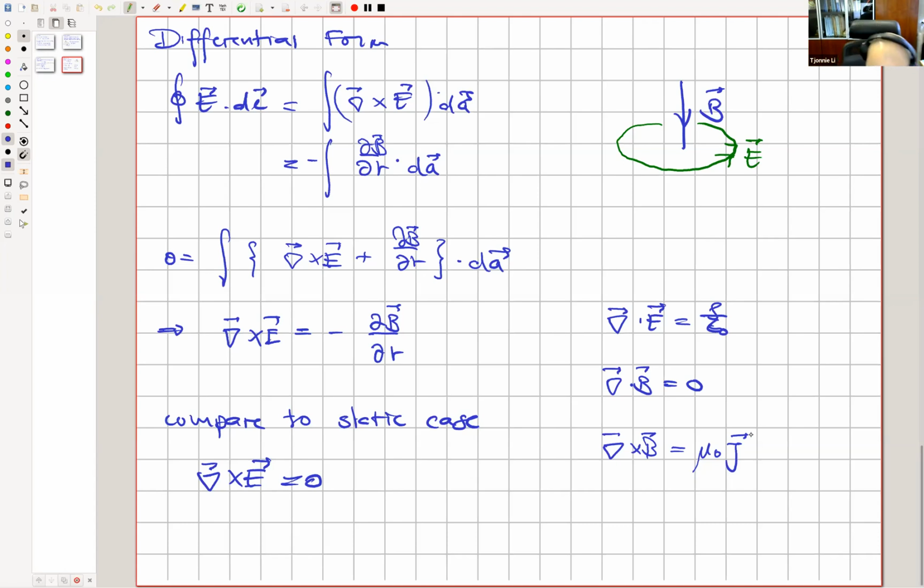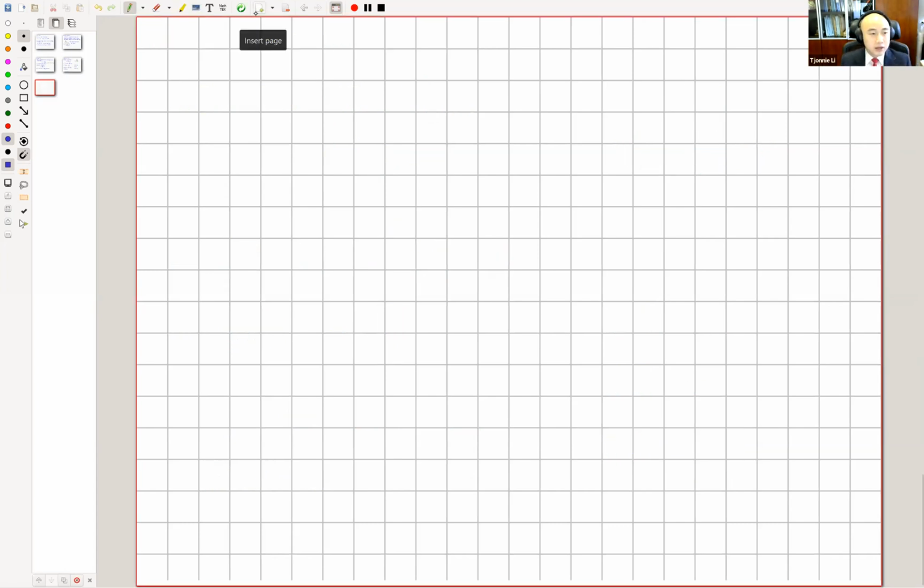Now, in general, an easy way to remember in which direction the E field points is that it is in such a way that it opposes any change, and this is encapsulated by the so-called Lenz's law.